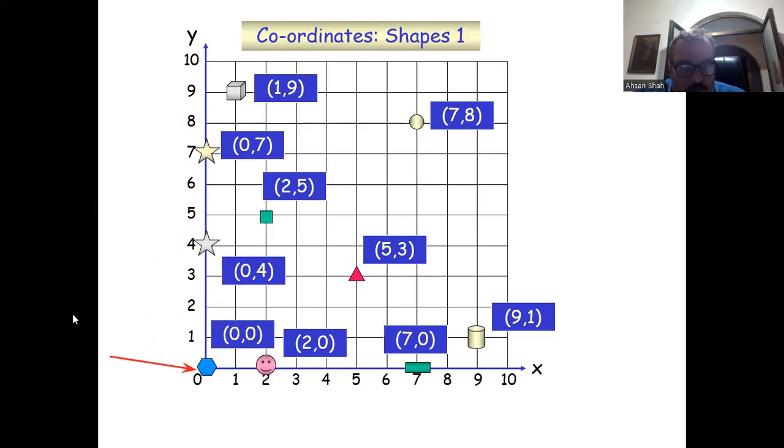Now this is plotting points in the first quadrant. There are actually 4 quadrants in this plane.